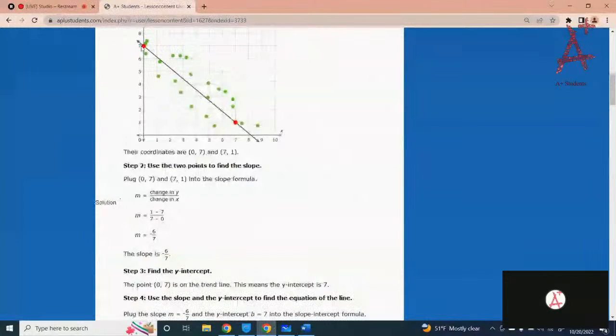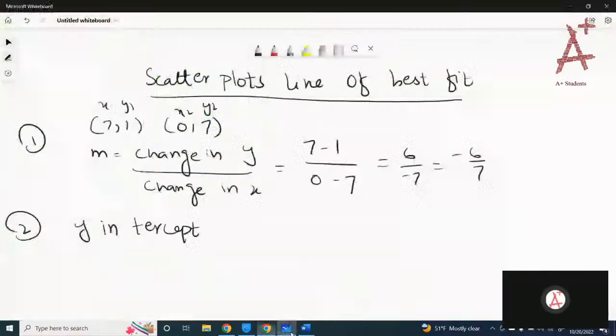This is basically the y-intercept, where the graph touches the y-axis. It is (0, 7). So the point is (0, 7), that means the y-intercept is 7.